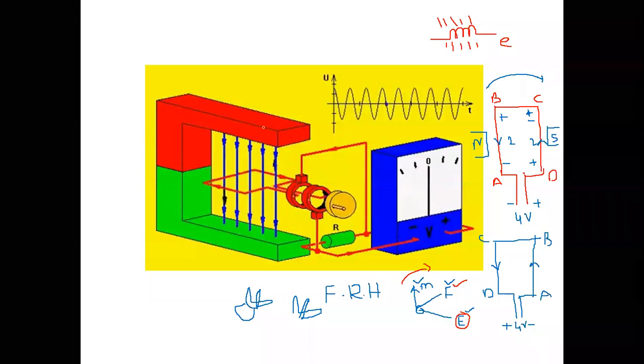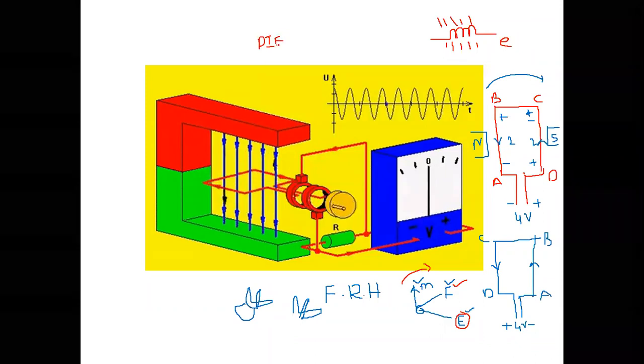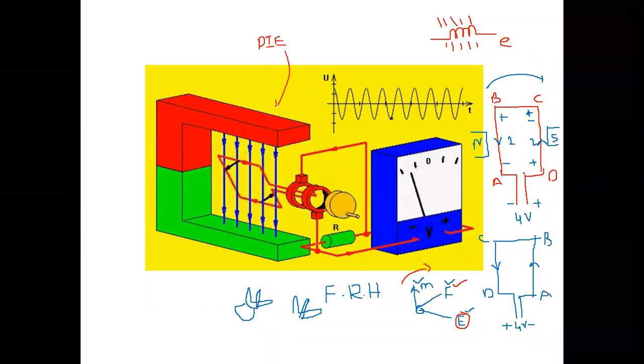So there are two types of EMFs. One is dynamically induced EMF. Dynamically induced EMF is used in generators where the conductor is rotating and the magnetic field is constant. Another is statically induced EMF.